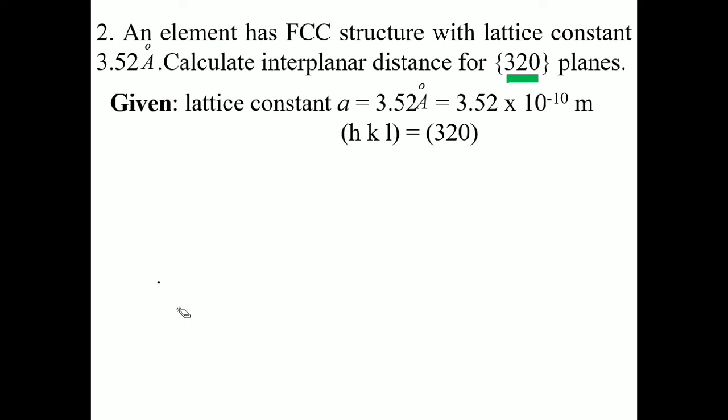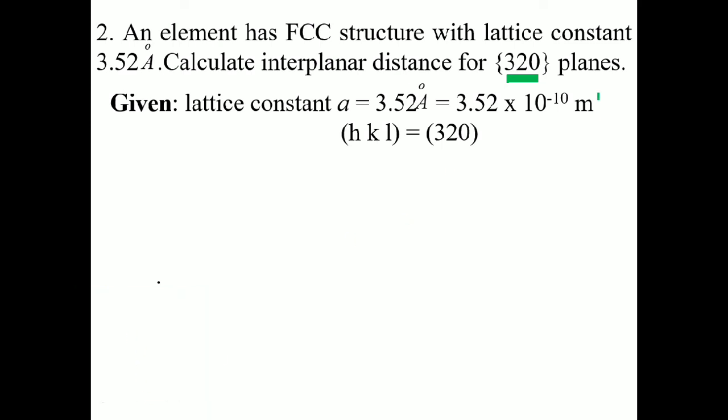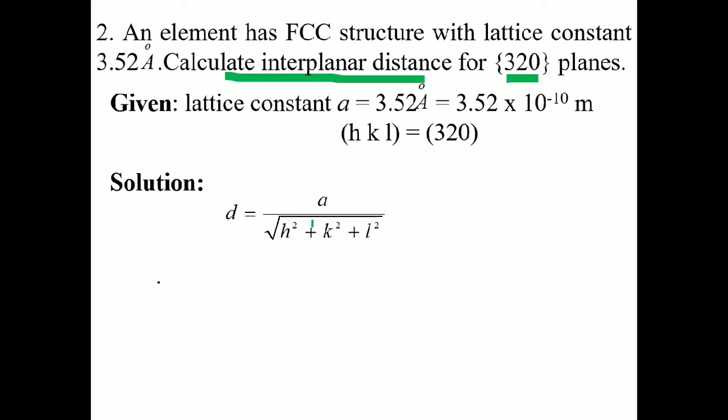So the lattice constant is 3.52 into 10 power minus 10 meter. And Miller indices are given to be 320. You have to calculate the interplanar distance, that means d. The equation for that is d equal to a by square root of h square plus k square plus l square. a means lattice constant, it is given. h, k, l are given. Just substitute these values and get the answer.